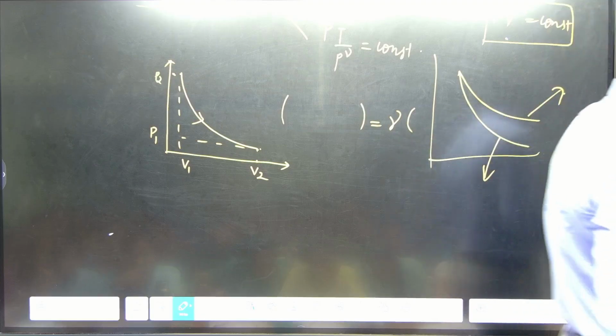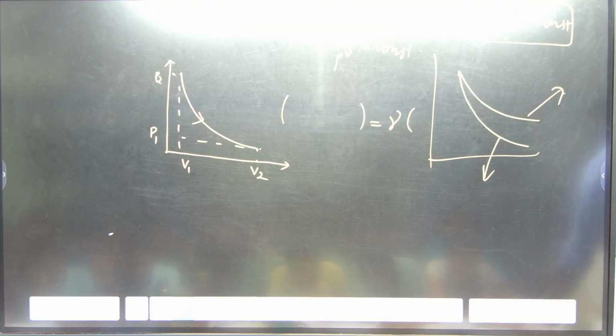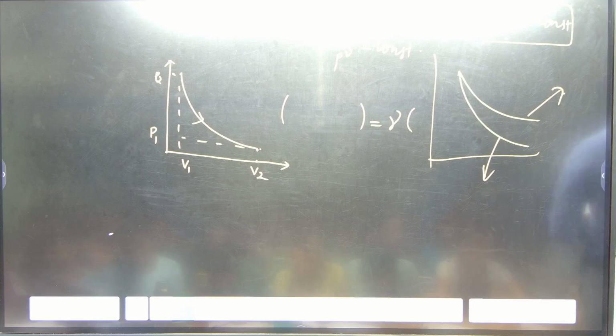you can write the next one. Work done is equal to, work done is equal to, so the same page number, the left side top, the first formula, W is equal to nR by 1 minus gamma times T2 minus T1.